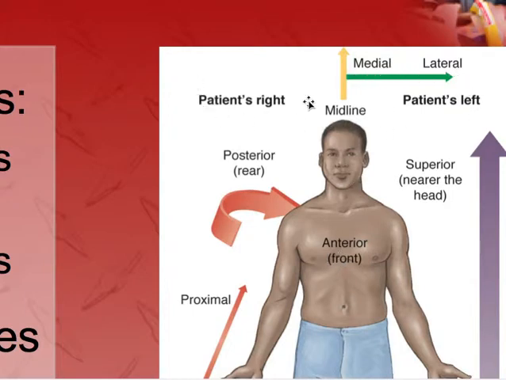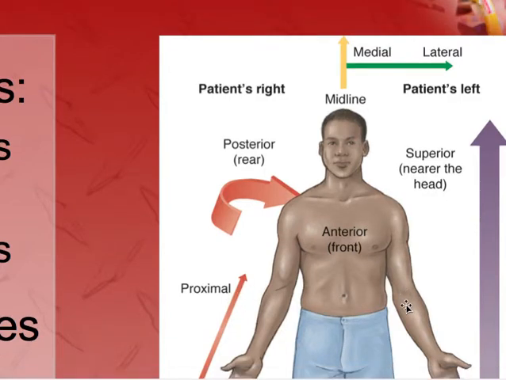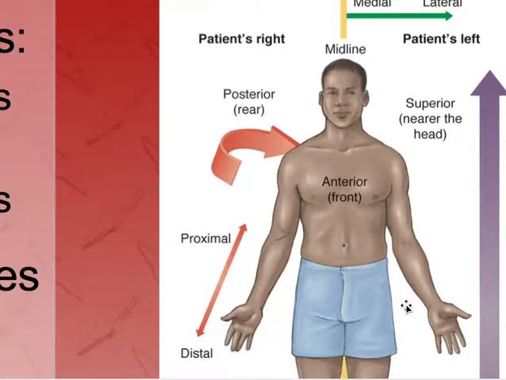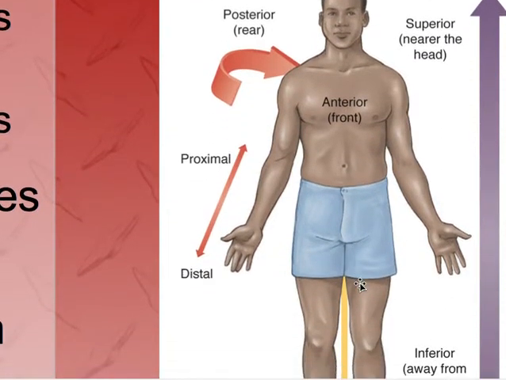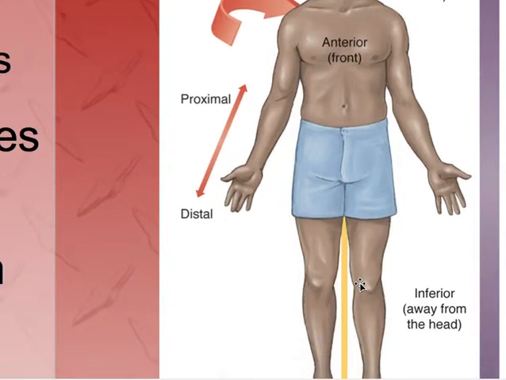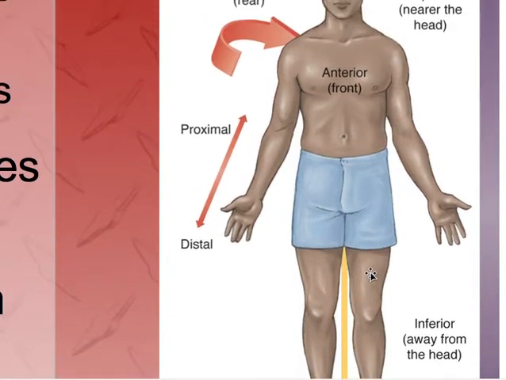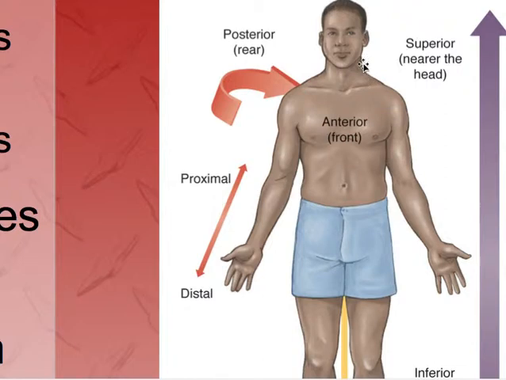Remember, we always use the patient's right and the patient's left. Posterior means rear. Anterior means front. Superior is anything towards the head. Proximal is anything towards the body. Distal is away from the body. And inferior is away from the head. So the superior vena cava comes from the head, and the inferior comes from below.